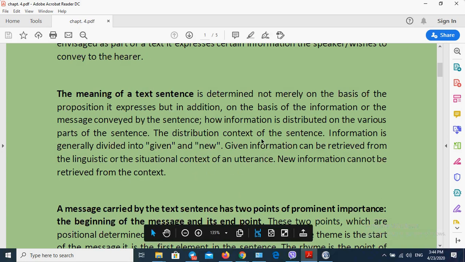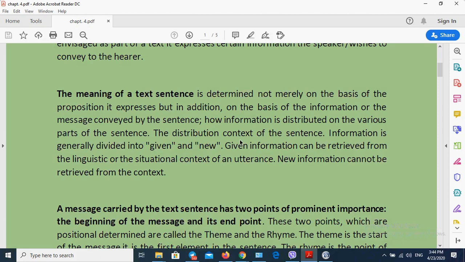So we have the distribution context of the sentence. Information is generally divided into given and new. What do we mean by given? Given information can be retrieved from the linguistic or the situational context of an utterance. New information cannot be retrieved. Here we have two different types. Given information can be retrieved, but new cannot be retrieved from the context.